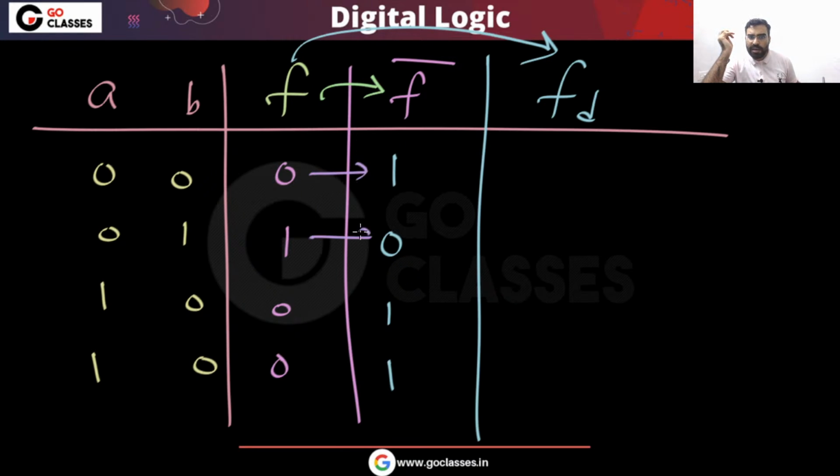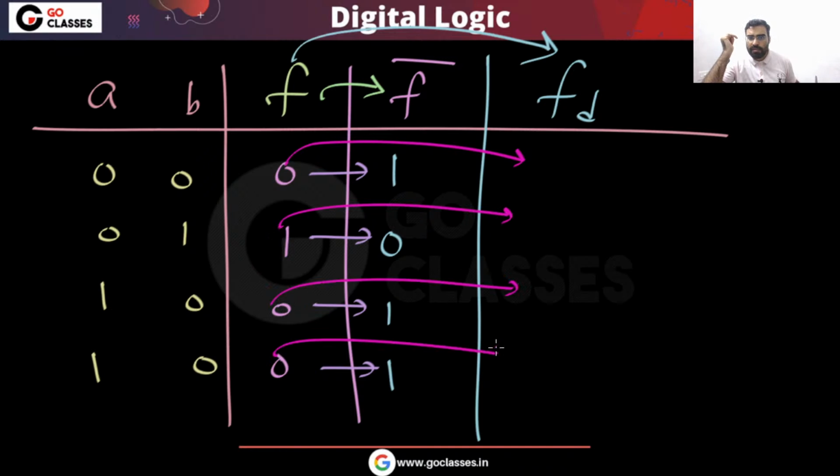The complement you can find very easily from the truth table, but how do you find the dual? Very simple: just reverse this complement.